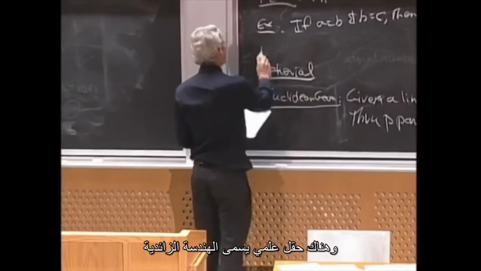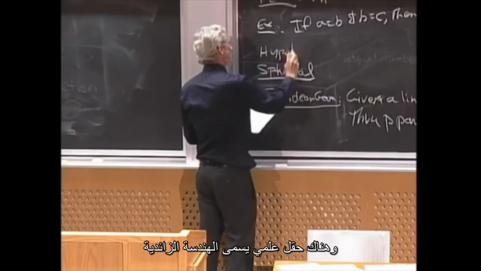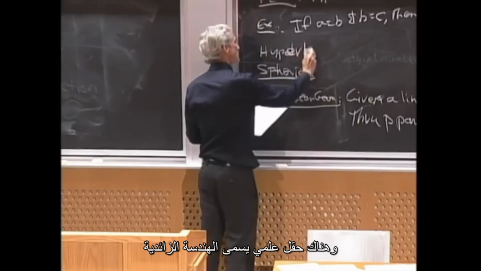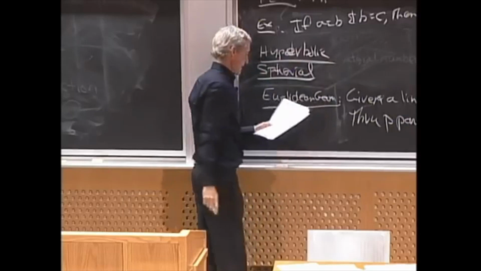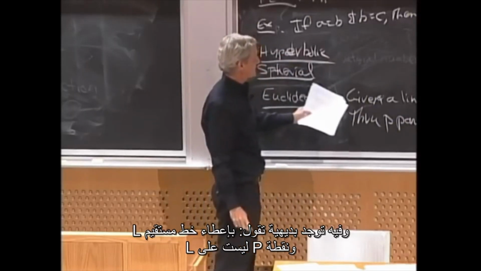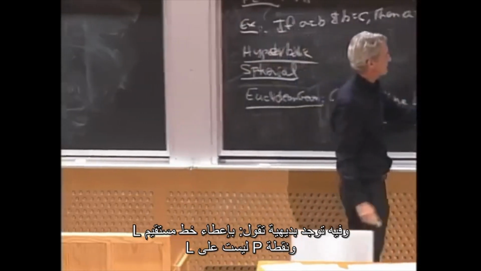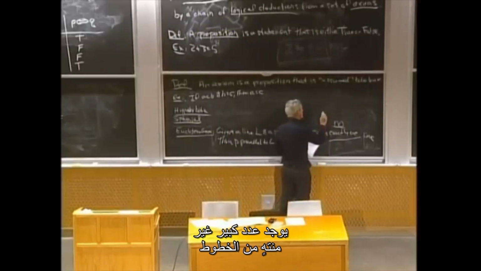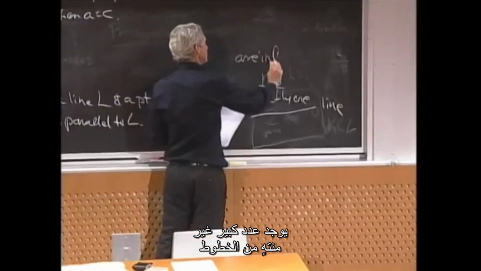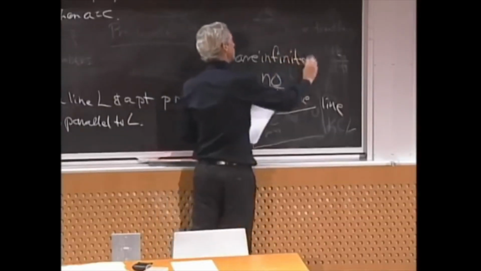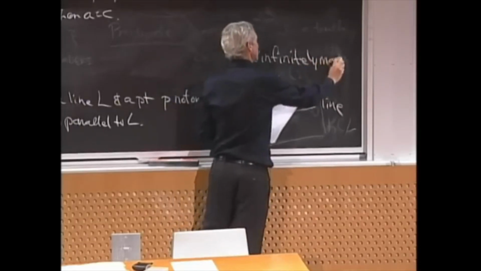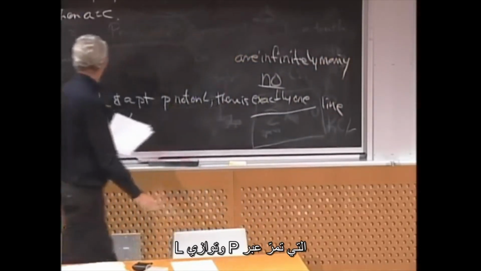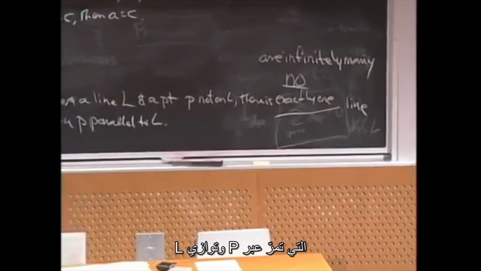There's a field called hyperbolic geometry. And there's an axiom that says, given a line L and a point P not on L, there are infinitely many lines through P parallel to L.